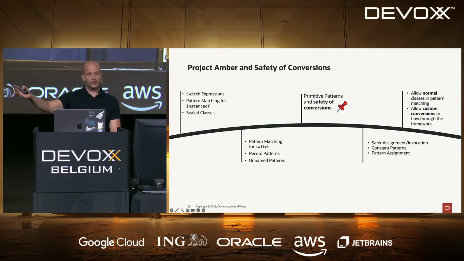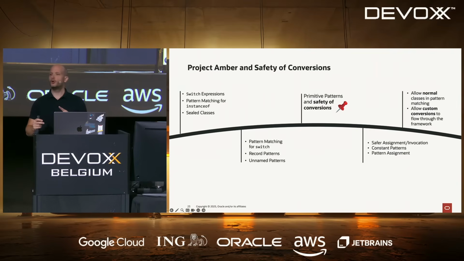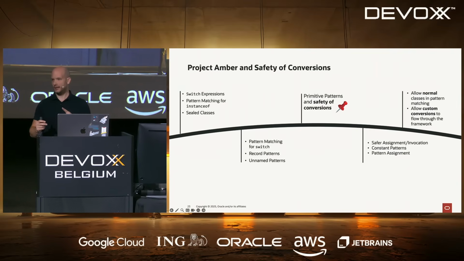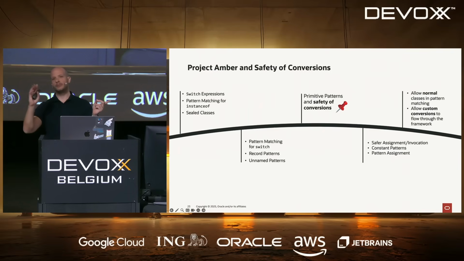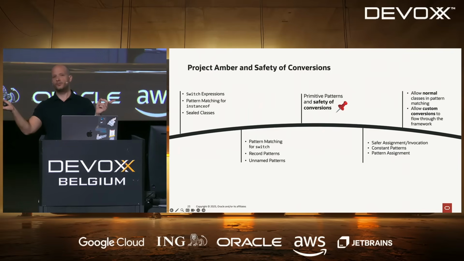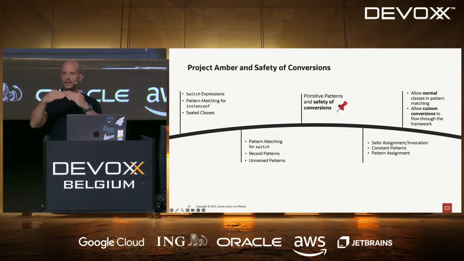We talked about custom conversions, but another big effort that we are doing is allowing normal classes to be deconstructed, not only records, which have implicitly a way to be deconstructed with record patterns, which is embedded in the language, hardwired in the language.